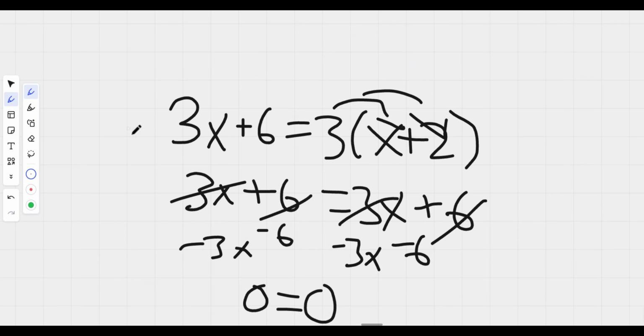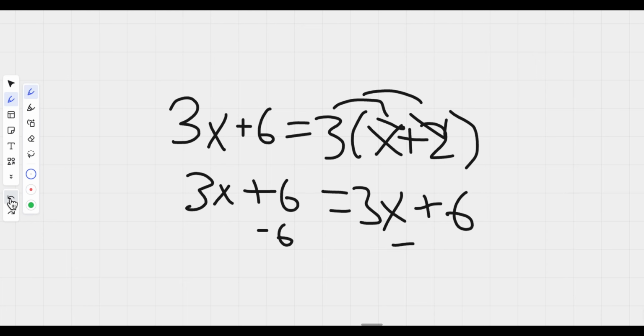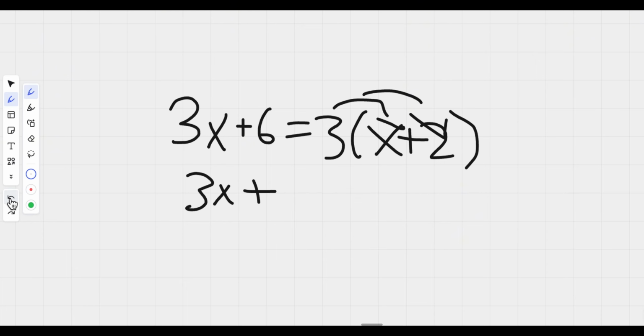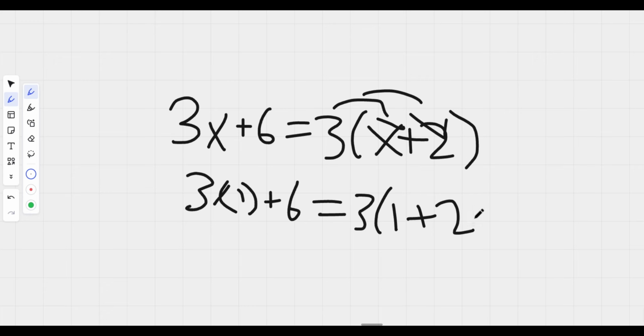So let's just say we plugged in 1 for x. And that would make it 3 times 1 plus 6 is equal to 3 times 1 plus 2.